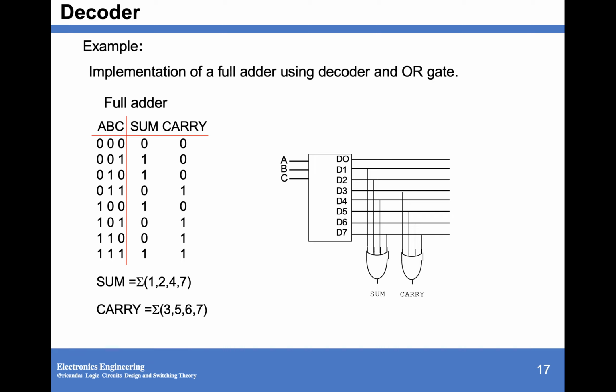Since we have 3 variables in the input, we have to use a 3 by 8 decoder. Since we have a summation for your sum at 1, 2, 4, and 7, we take D1, D2, D4, and D7 all together to get your sum because it is a summation sign. For your carry, we take 3, 5, 6, and 7 all together for the summation sign of your carry.